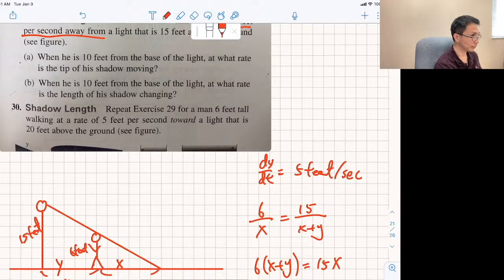Probably. I think it's A. Isn't B like dl dt, like dx plus dy dt? What is it for b?